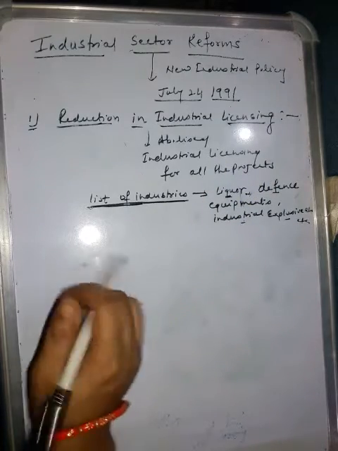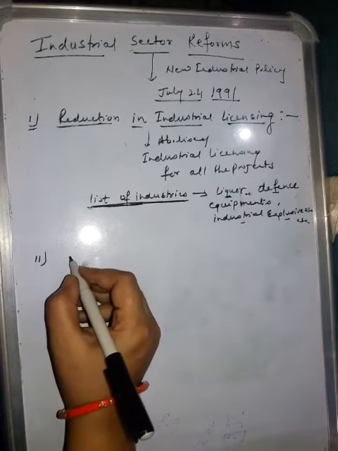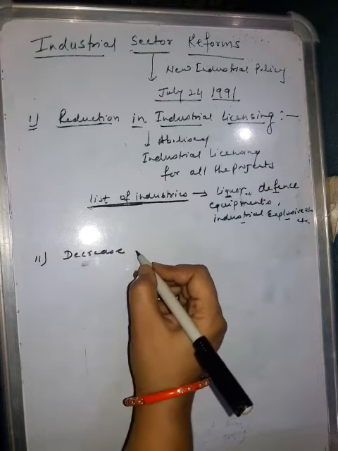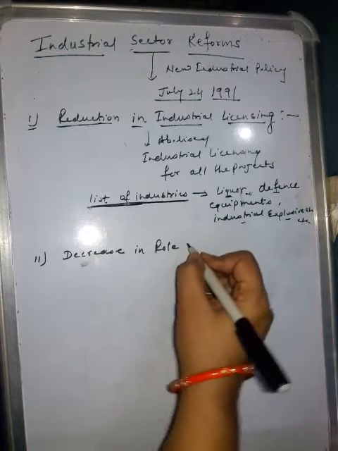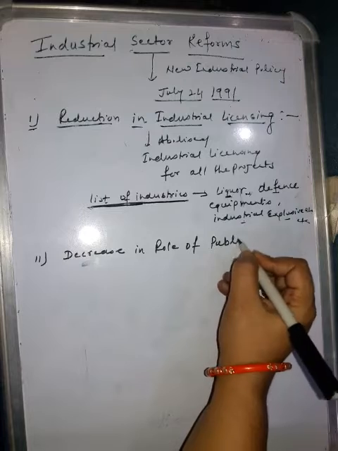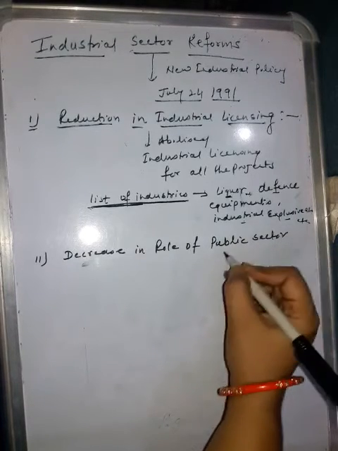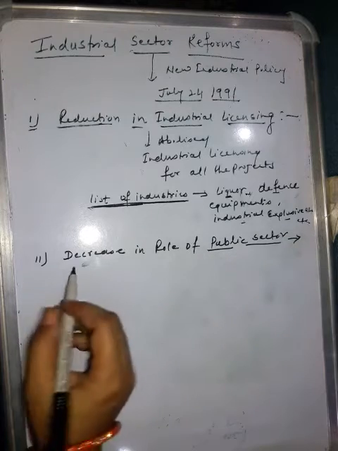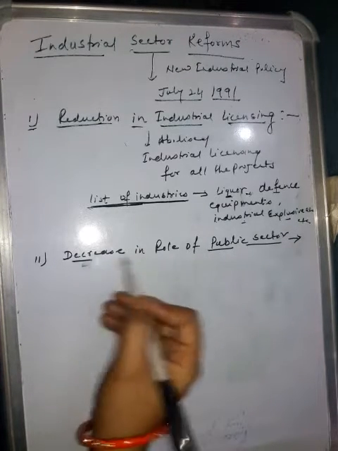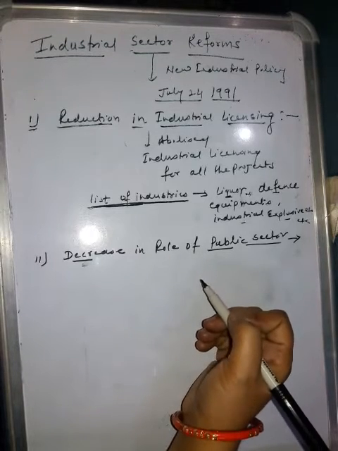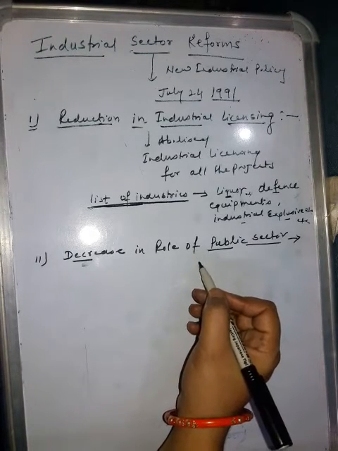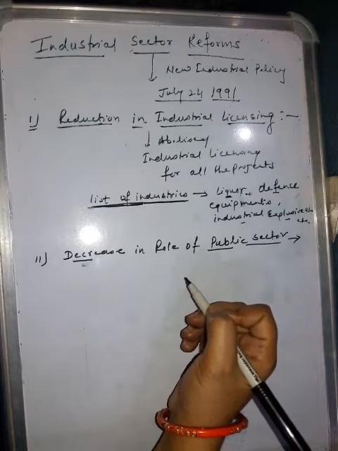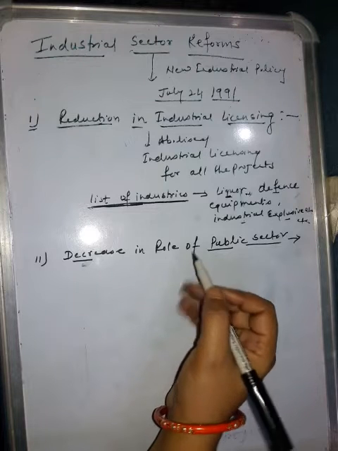Now, the second reform, that is decrease in the role of public sector. Public sector are those sectors which are managed and controlled by the government. One of the striking features was the substantive reduction in the role of the public sector in the future industrial development of the country.